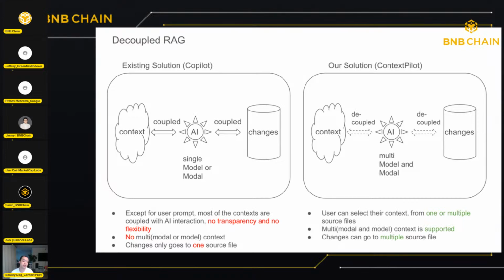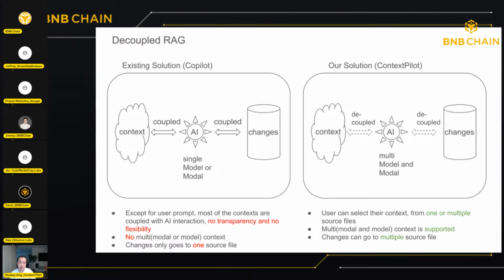The issue is that it probably works 20 to 30% of the time, but not always, because the software stack is complicated. Usually the context might come from outside the repo, or the solution might go into multiple source files.